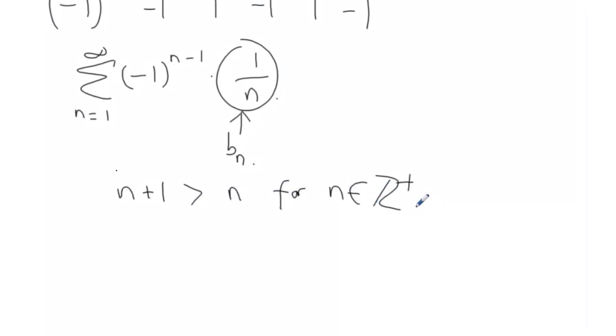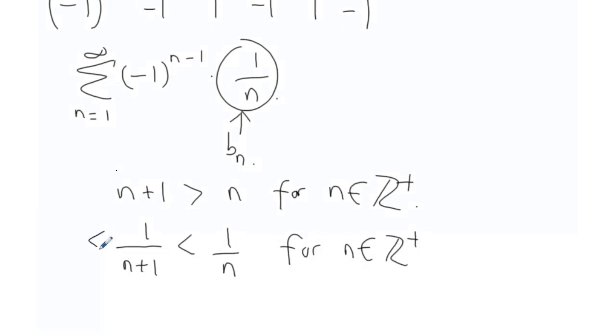So that must mean if we take reciprocals, 1 over n plus 1 is less than 1 over n for all positive integers n. And also, because we're dealing with positive integers n, the reciprocal is always going to be positive as well, so we can put that this is greater than 0.